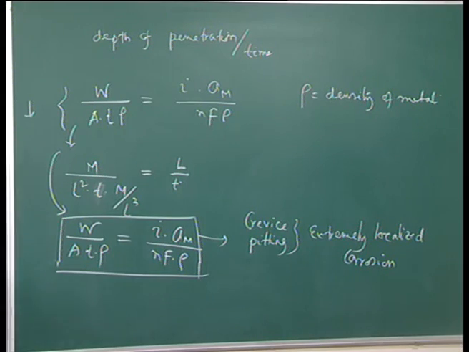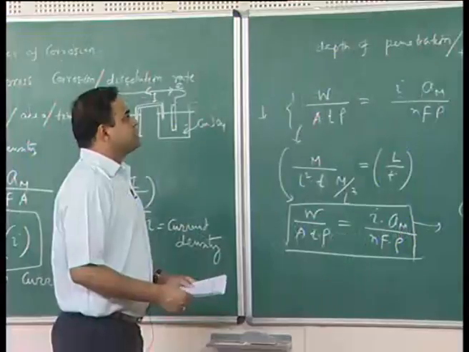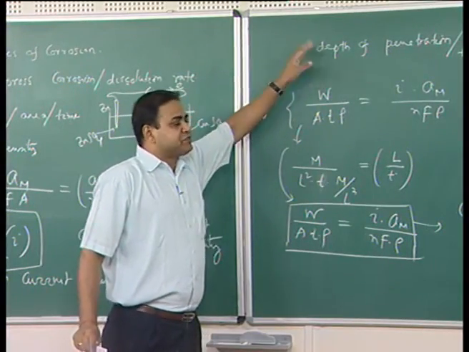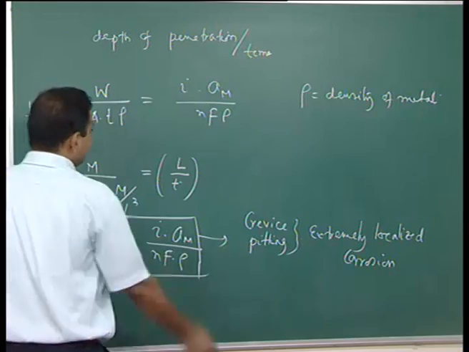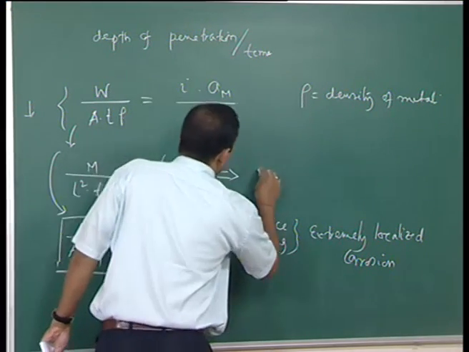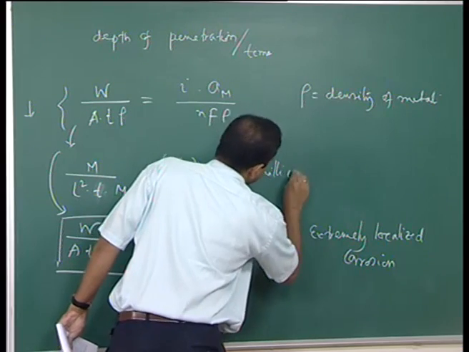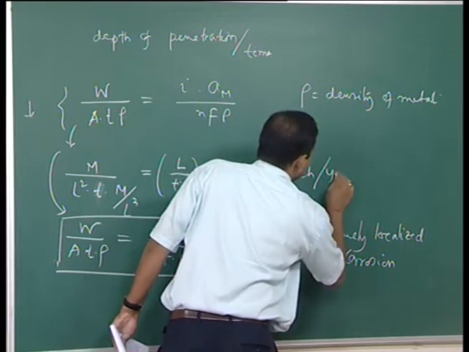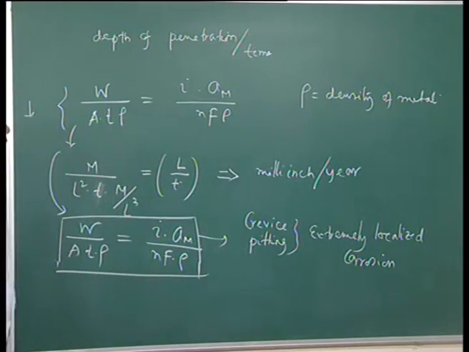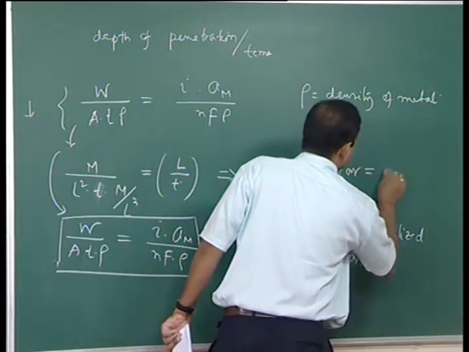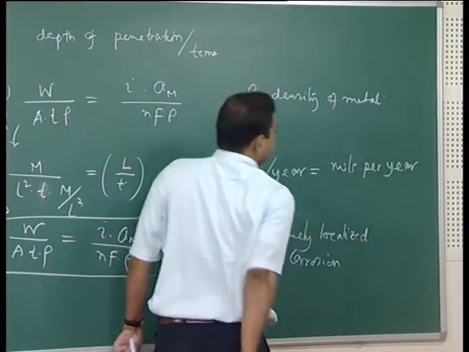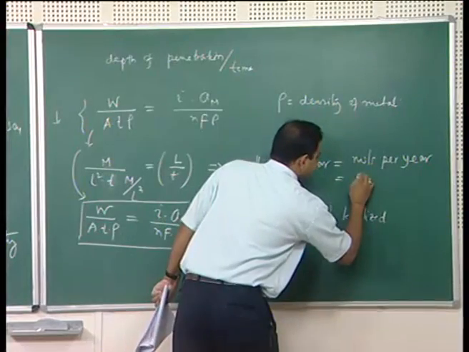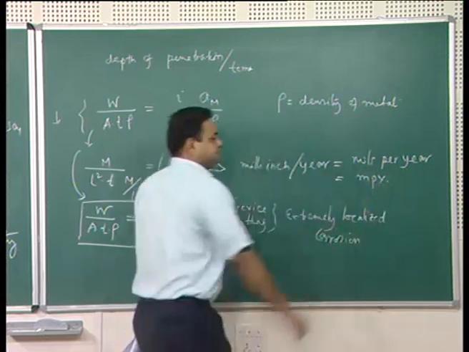In this case I know the unit, length by time. In the US convention, the rate expressed in the form of depth of penetration per unit time is nothing but milli inch per year, also called mils per year, and in short form it is called MPY.